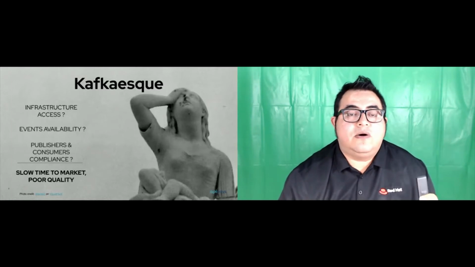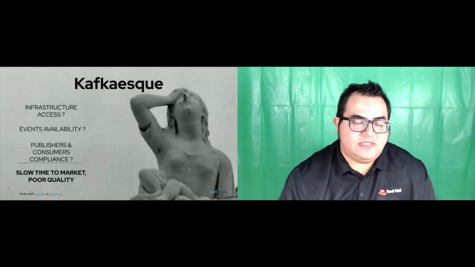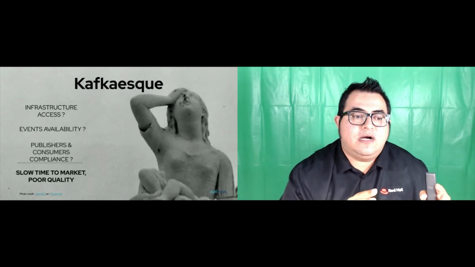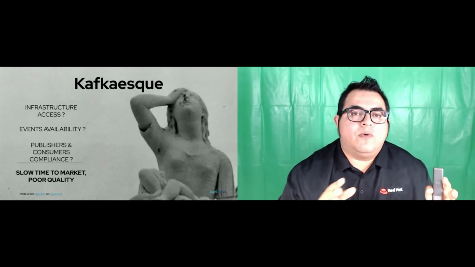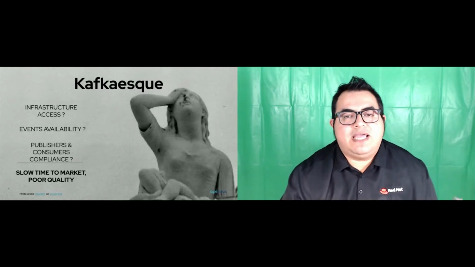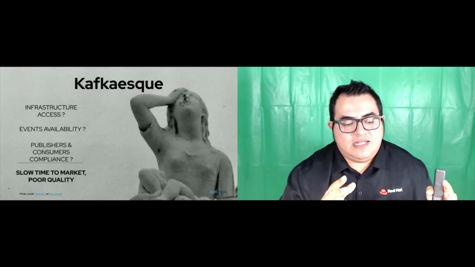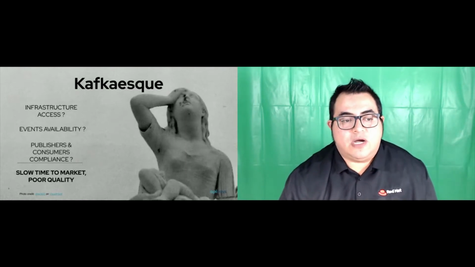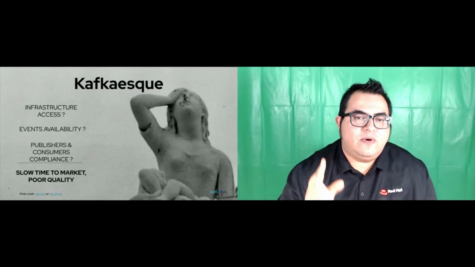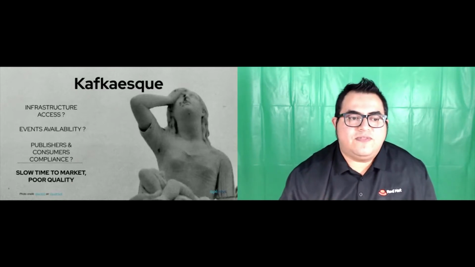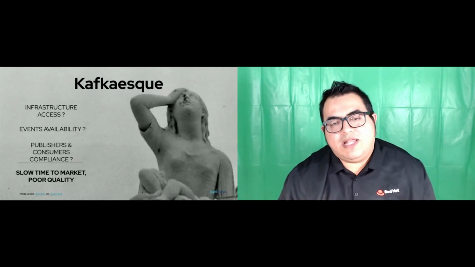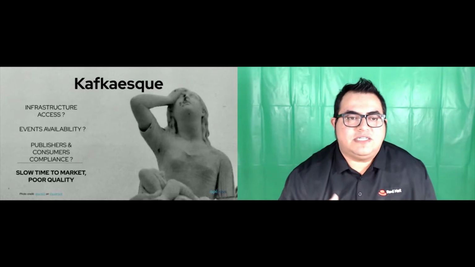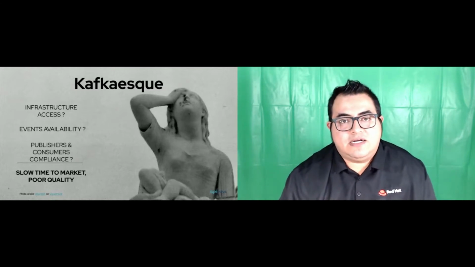And also, one important thing, and this is going to be the focus later in this session, is how can we make our publishers and consumers compliant with the structures and the schemas that we want to share within our topics. Because if one of those is not strong enough, they start to create these problems of a slow time to market or poor quality in our code, with applications crashing or just miscommunication that takes longer to resolve and to develop.